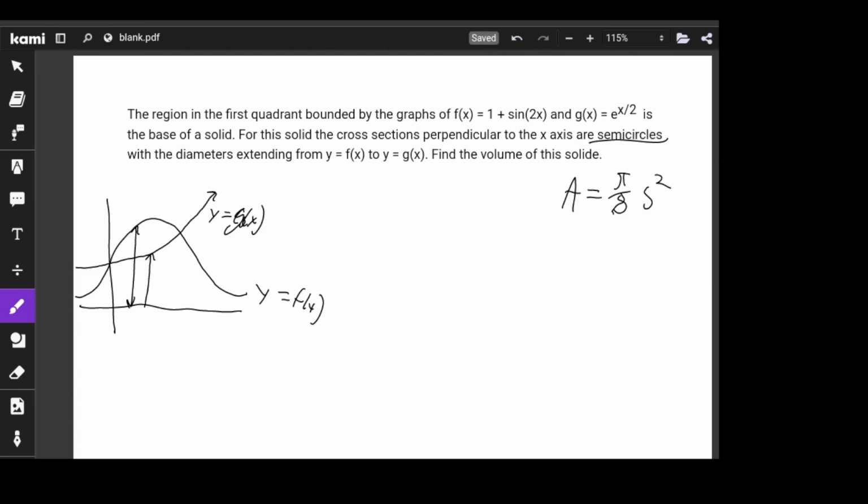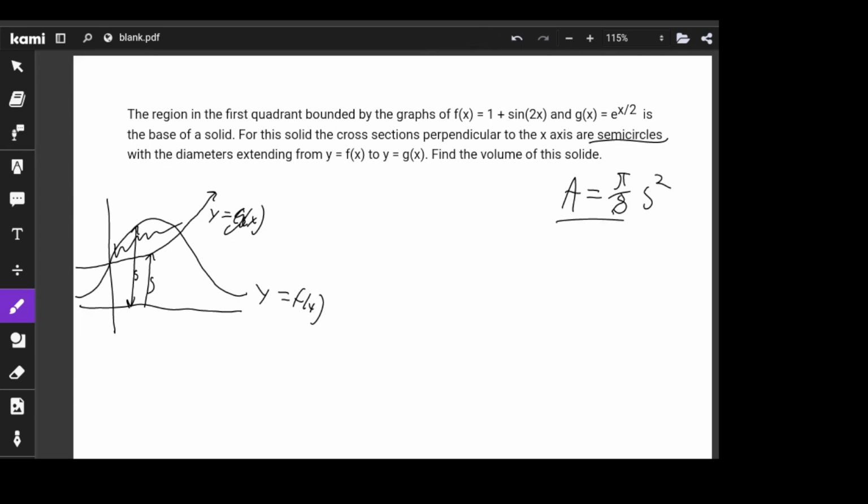So what we are going to do is try to find the area in between these two things. What this means is we're going to have to take the larger one and subtract the smaller one, so the larger S minus the smaller S, and then put it all into the area.